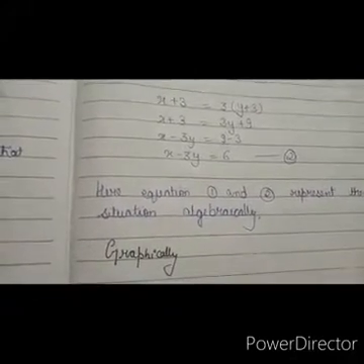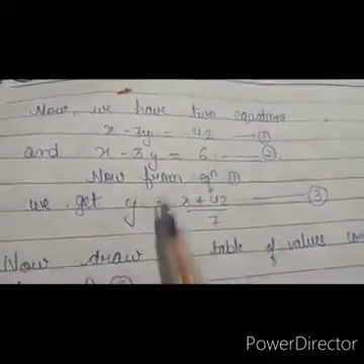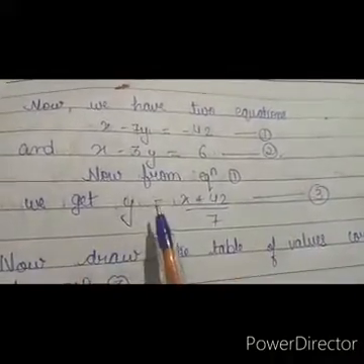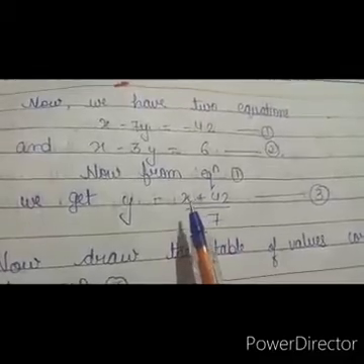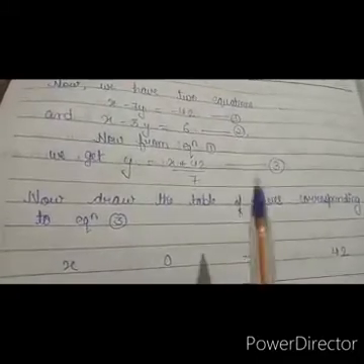Now graphically, we have two equations, x minus 7y equals minus 42 and x minus 3y equals 6. Now from equation first we get y in terms of x, that is y equals x plus 42 upon 7. Now we draw the table of values corresponding to equation third.